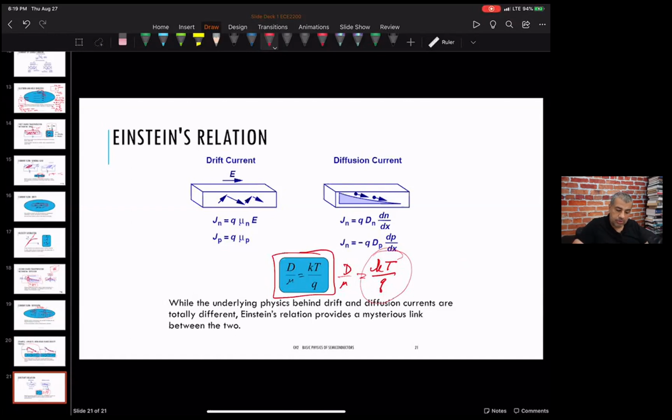At 300 degrees, kT over q is approximately equal to 26 millivolts. So remember that because it'll just keep showing up. Otherwise, you're going to have to keep multiplying the Boltzmann constant, which is an awkward number, by the temperature divided by the charge of an electron, which is another awkward number. Instead you just remember 26 millivolts.